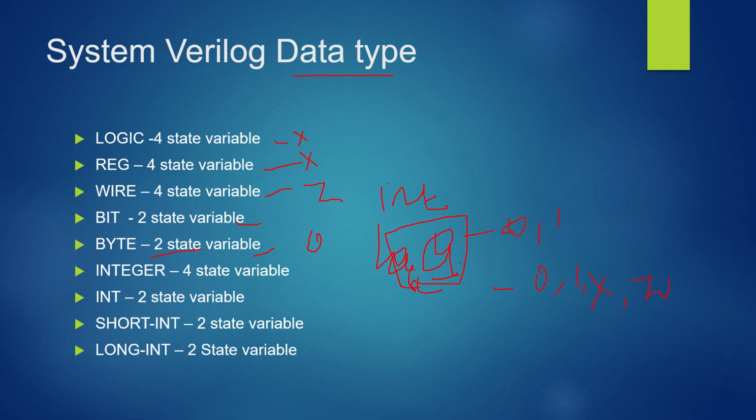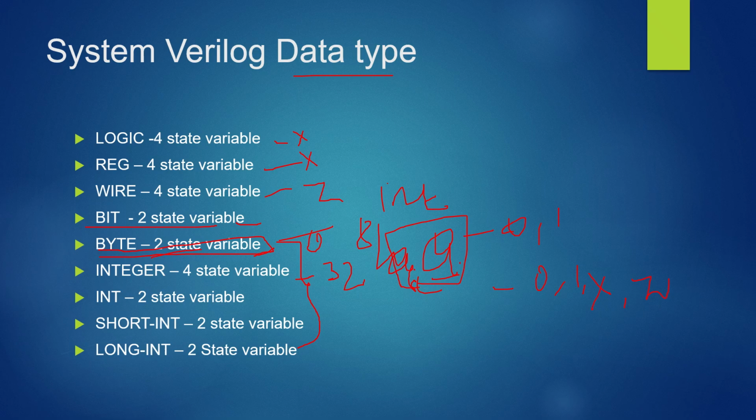And here if you see, a bit is one bit. Byte is 8 bits. Integer is 32 bits, a 4 state variable.